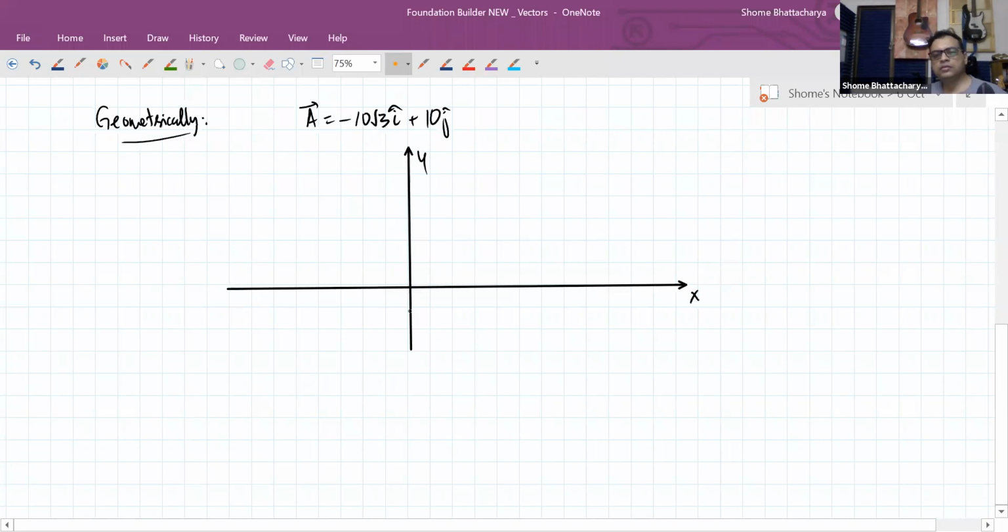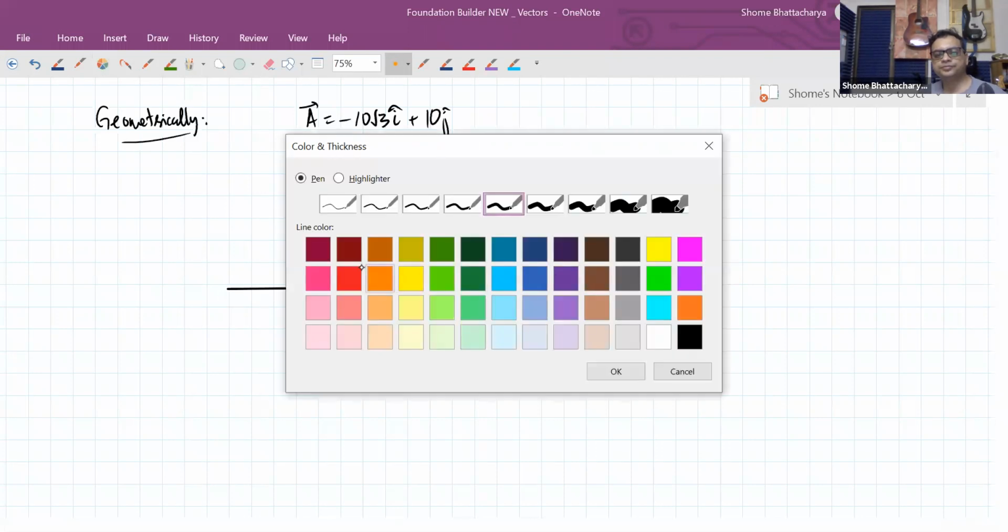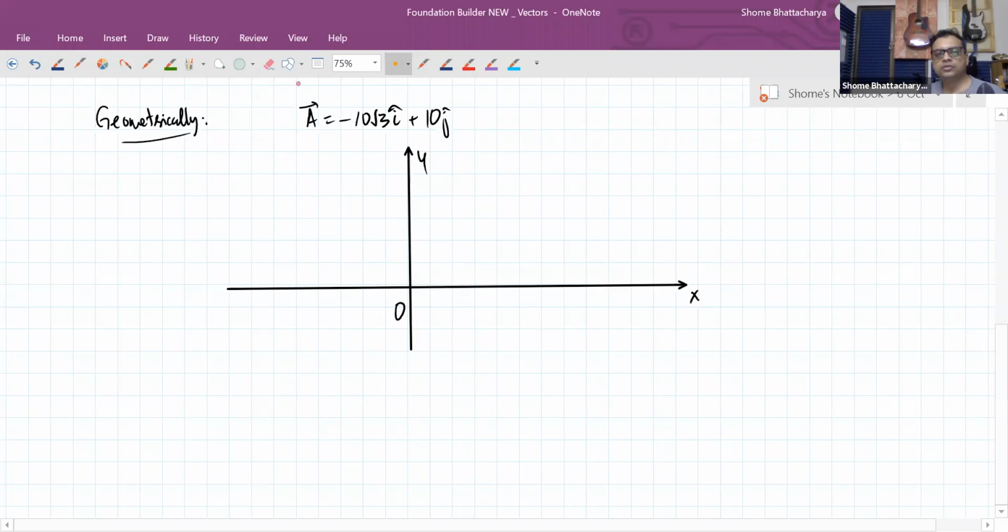then we visualize that its x component is minus 10 root 3, so that would look like something here, and its y component is plus 10, so that would look something like here. So this is our 10 j cap, this is minus 10 root 3 i cap.